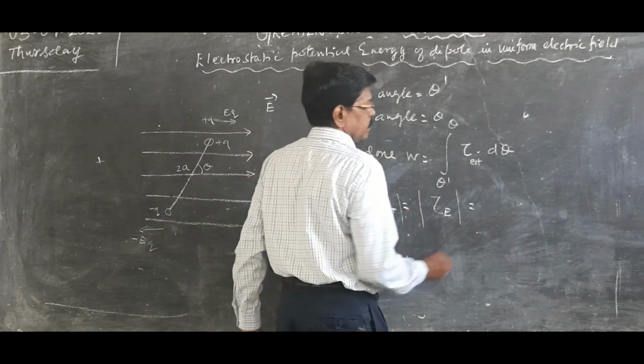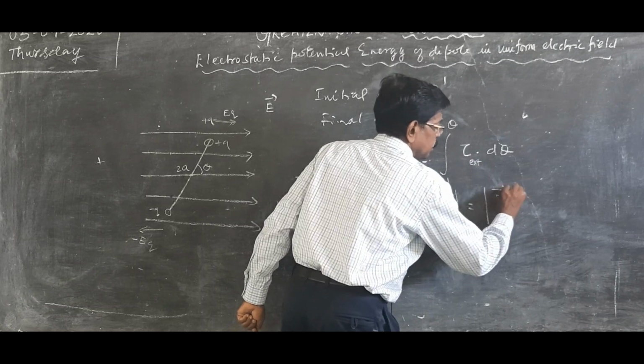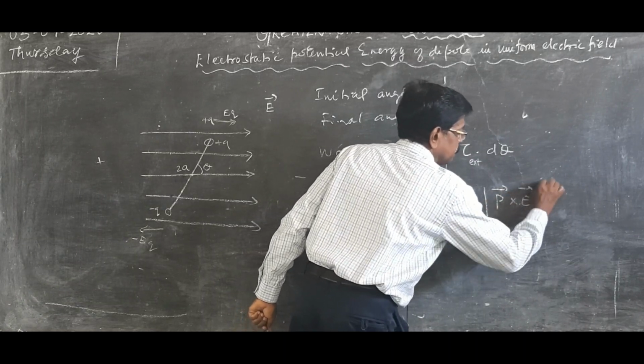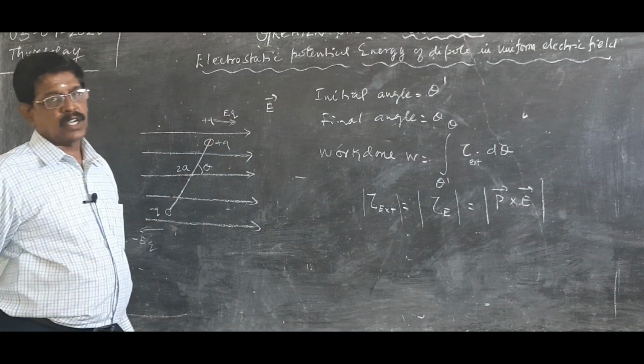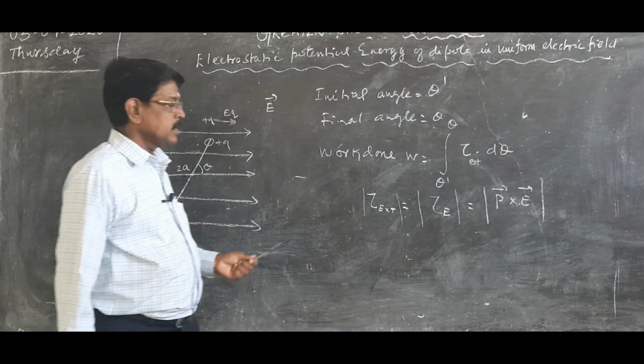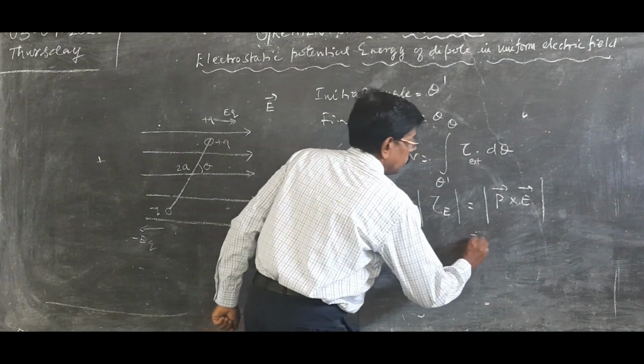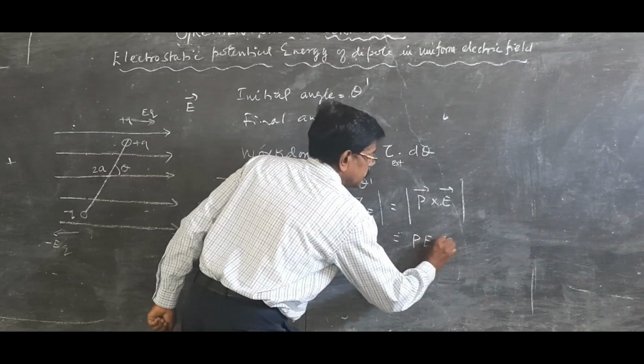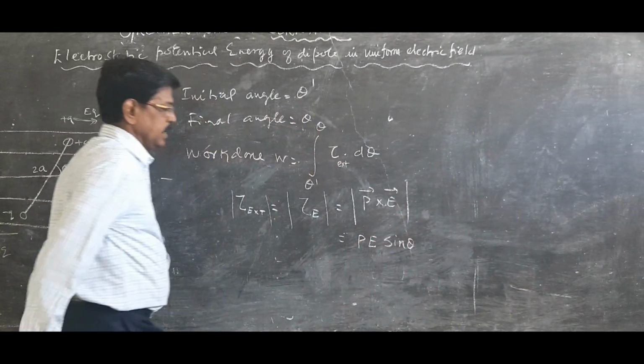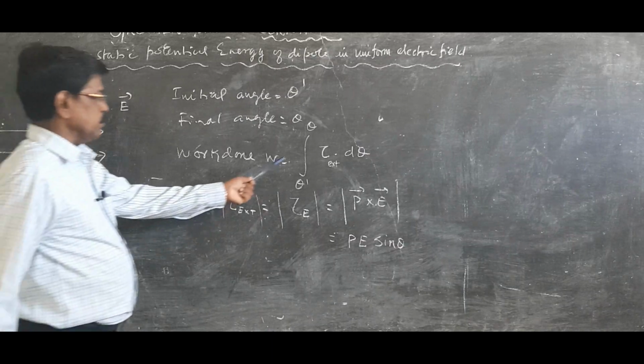So what is the formula for torque? Torque is P vector cross E vector. So it's a cross product. So the value is PE into sin theta. Now you substitute here.